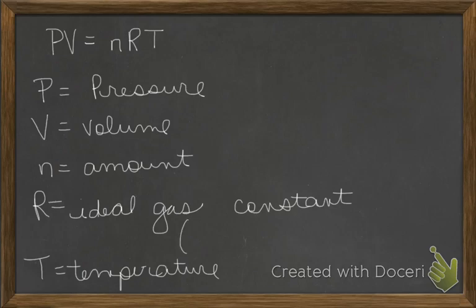The ideal gas constant I always like to use is 0.0821. That's the number I always use for R. And the units for this ideal gas constant are liters times atmospheres per mole times Kelvin. Okay? And that is the units that I always use whenever I use this ideal gas constant.